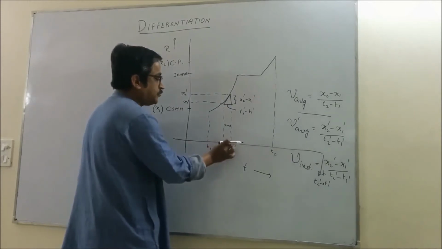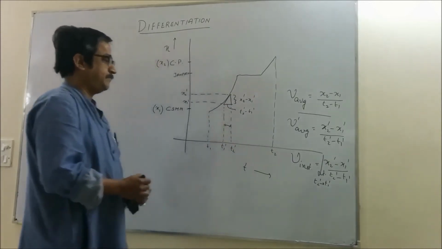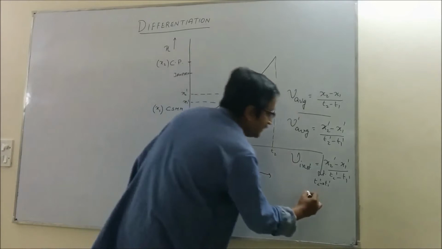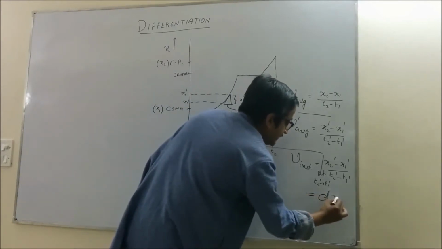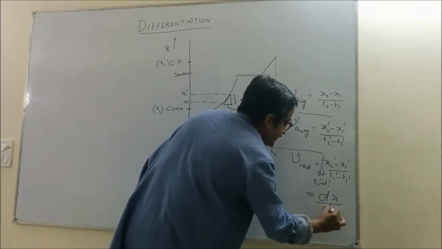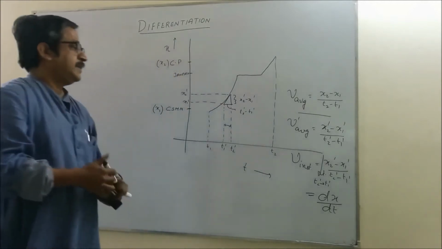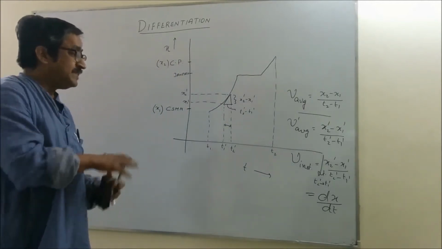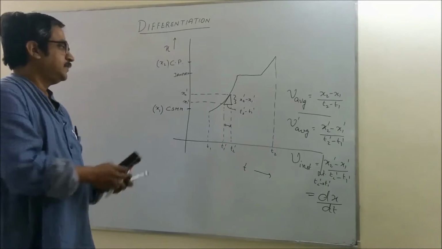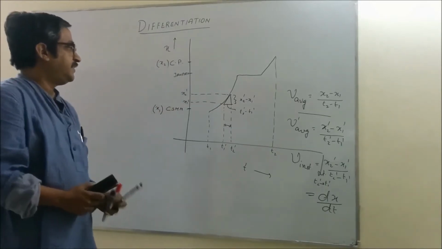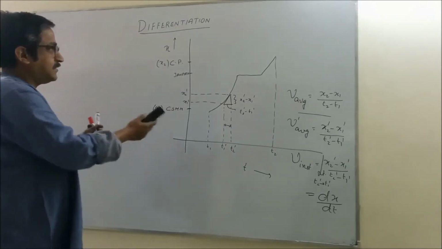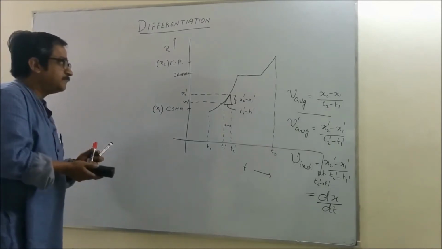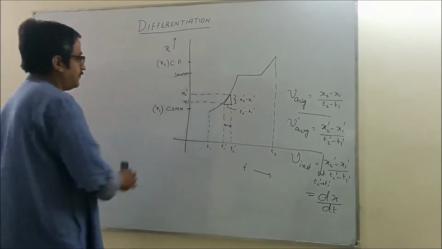Very small, t2 prime tending towards t1 prime. This is also said as dx dt. That's the official definition of derivative. Now this is for the distance time graph.